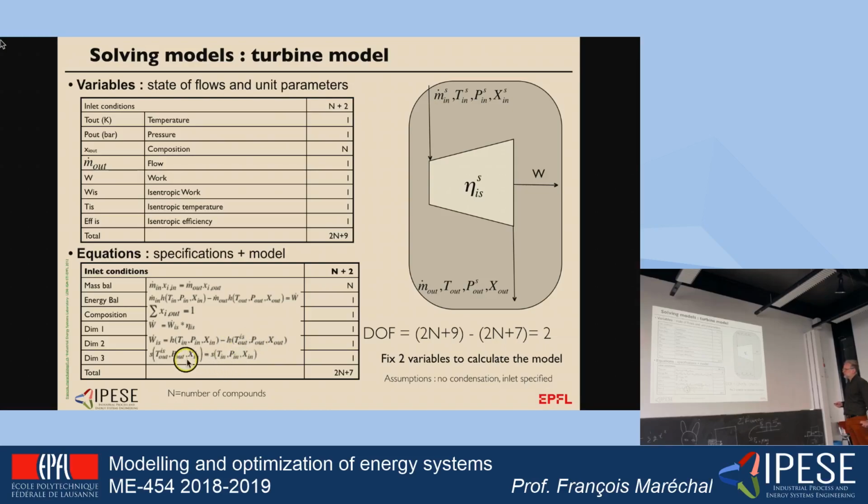And the isentropic expansion is calculated by saying that the entropy at the outlet, with the pressure at the outlet, is equal to the entropy of the inlet.